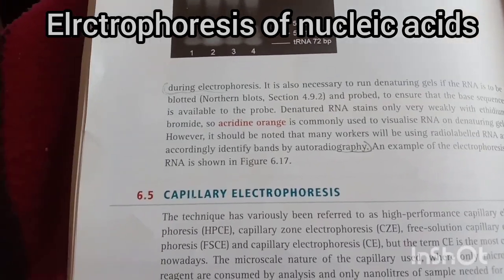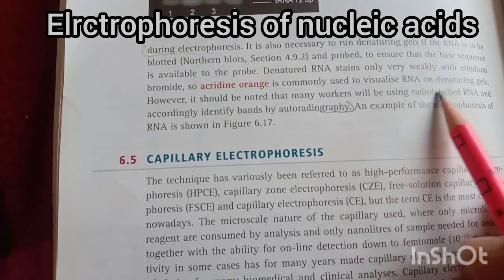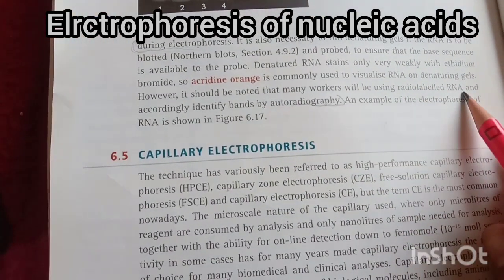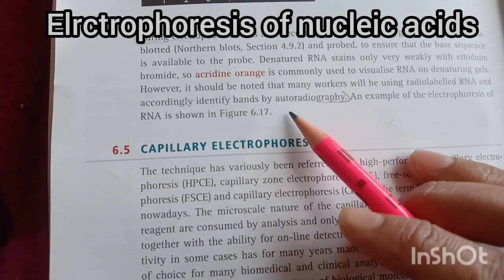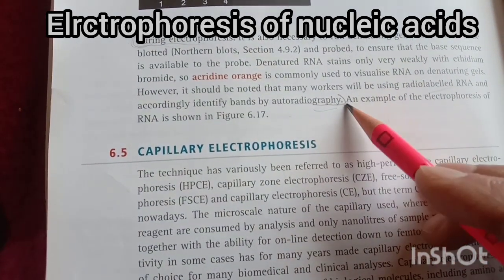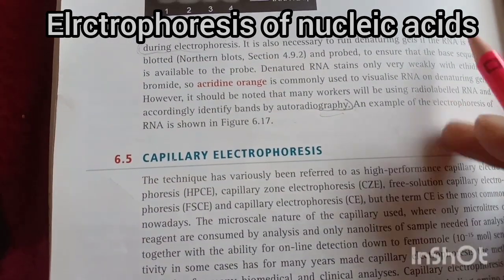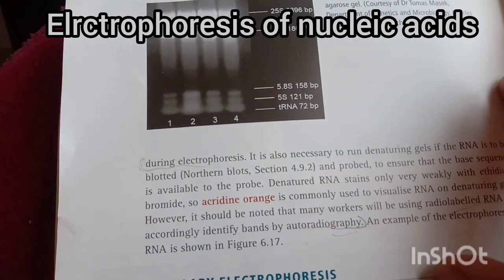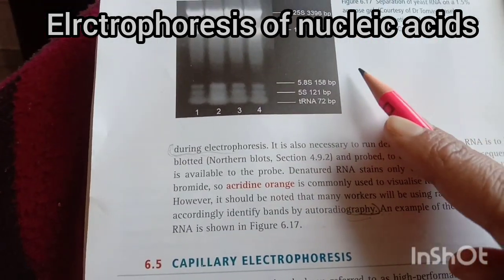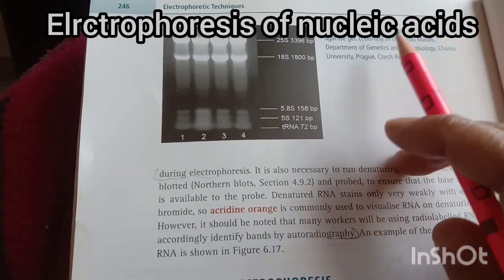However, it should be noted that many workers use radiolabeled RNA to identify the bands by autoradiography. So this is an example of gel electrophoresis of RNA, used here with yeast RNA.